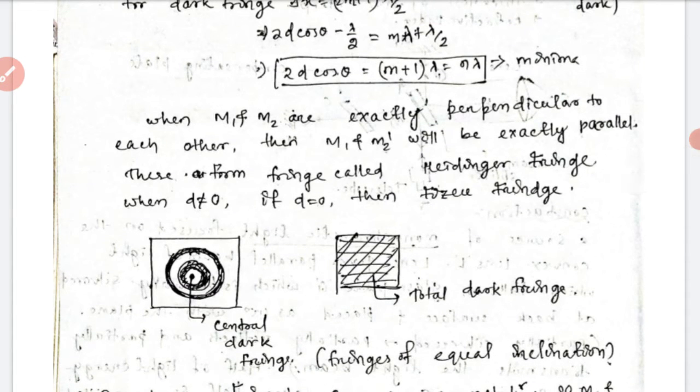When mirror 1 and mirror 2 are exactly perpendicular to each other, then we can say that mirror 1 and the virtual image of mirror 2, that is M2 dash, will be parallel to each other.